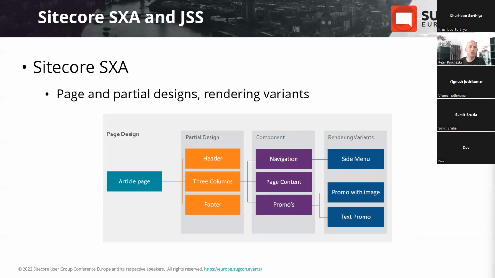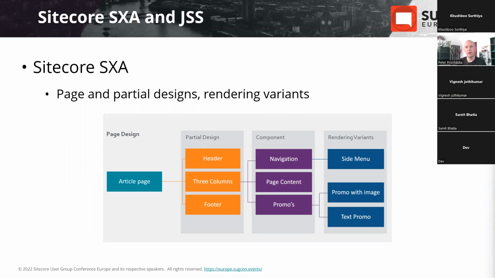What I also liked about SXA is the page and partial design and rendering variants functionality. With the page design, with Sitecore you usually use standard values on templates to put renderings as default renderings for that page template. With page and partial designs, you give content editors the opportunity to create the page designs and partial designs.